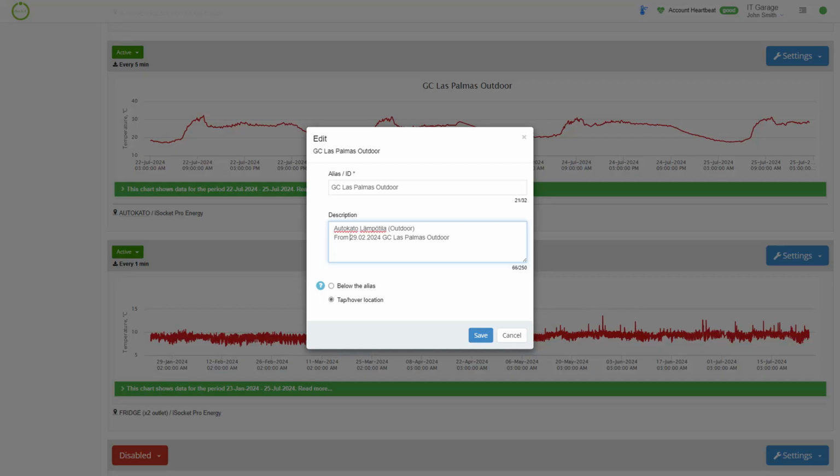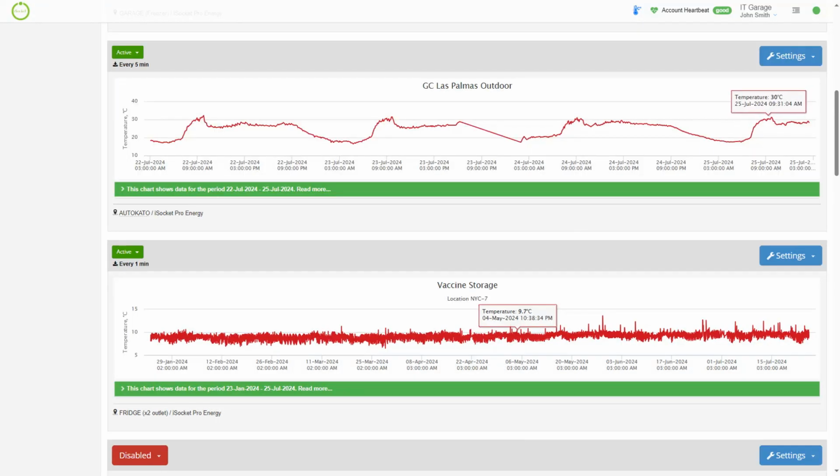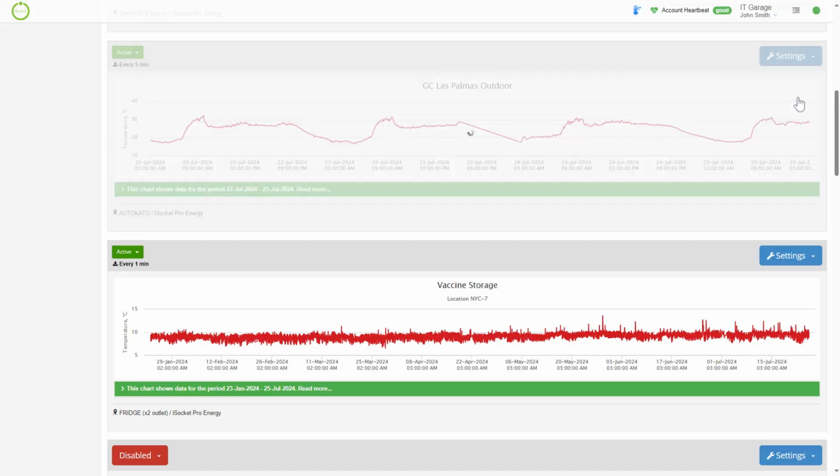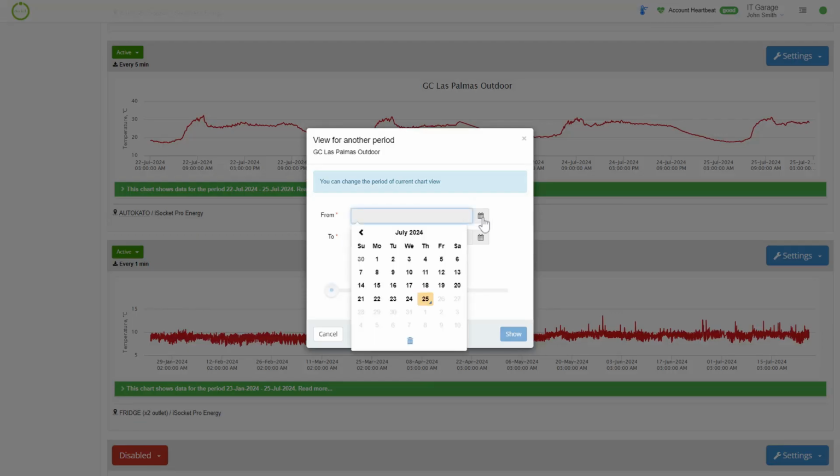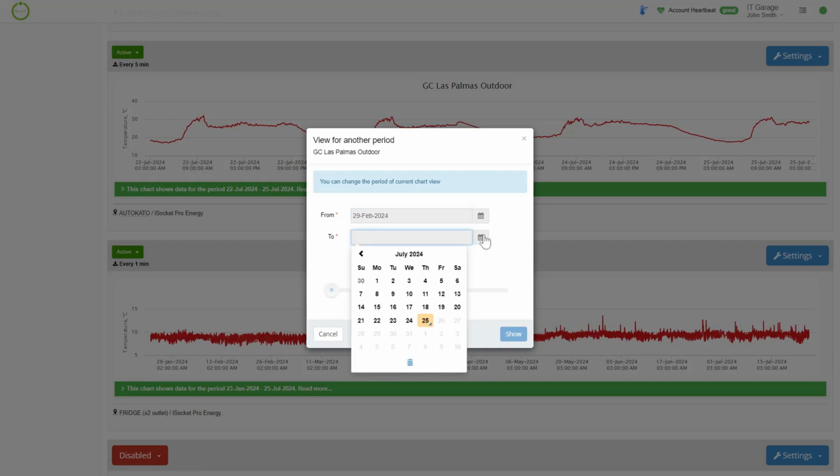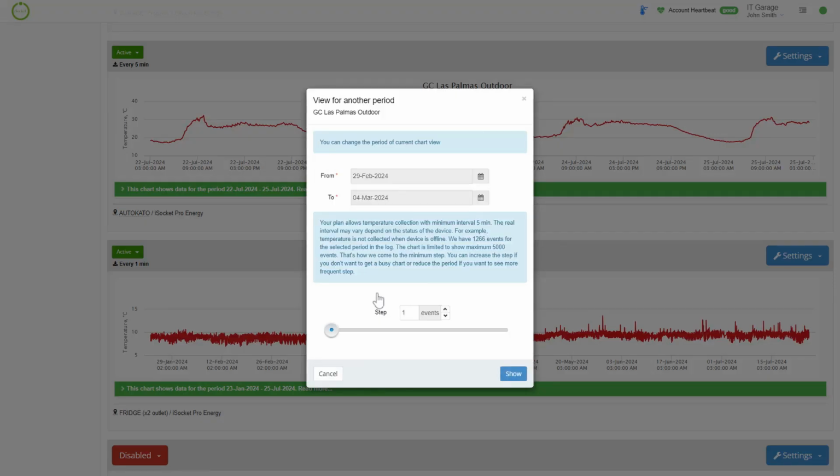So if we want to see the temperature in Las Palmas in February this year, what I do is go here, 29 of February, view for another period, February 29, and for example, March 4.